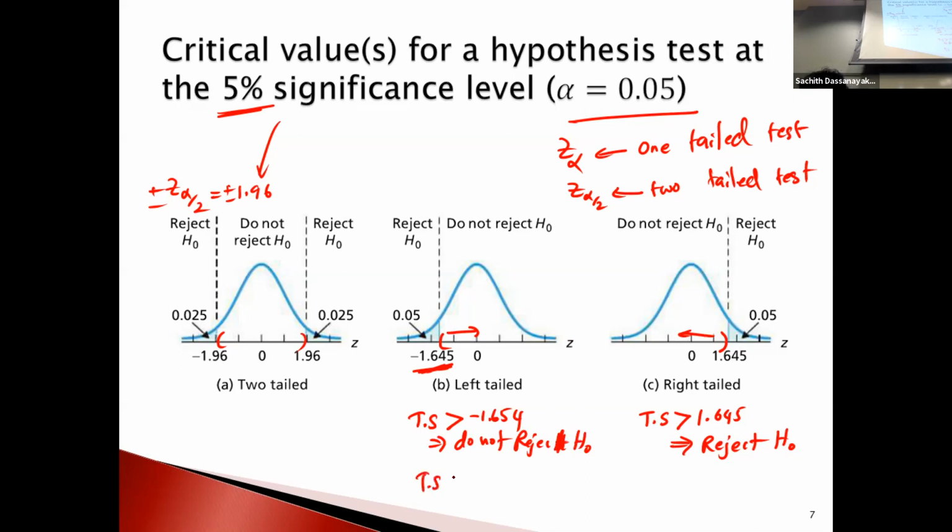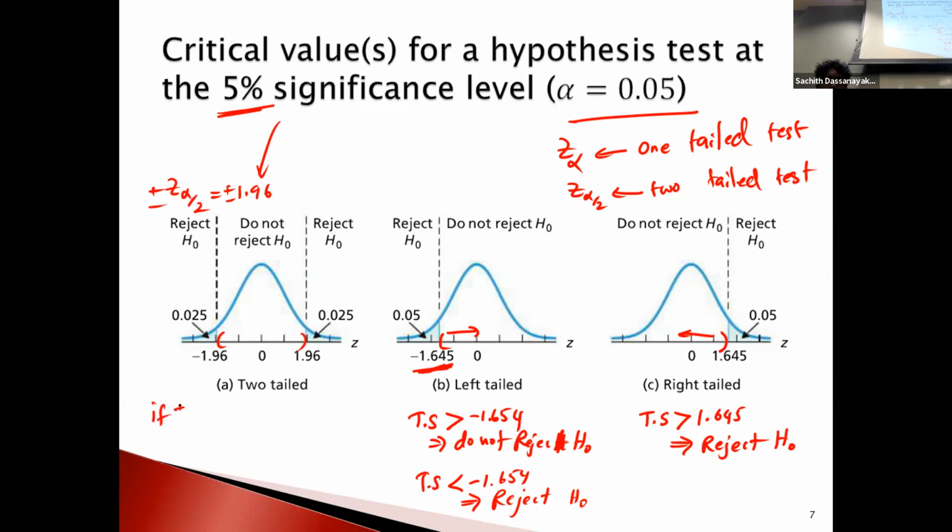If TS is less than this value, then reject. Is that clear? Sometimes my handwriting is not clear, but the first one is the do not reject case. The second one is the reject case.